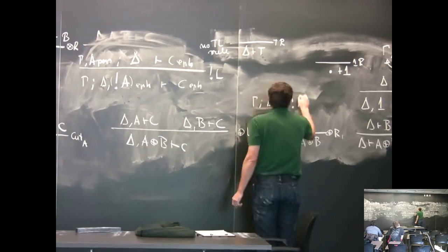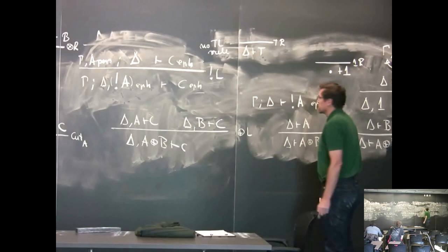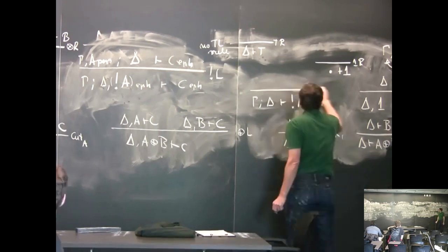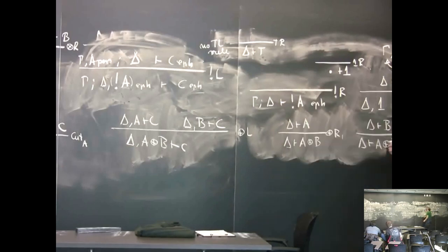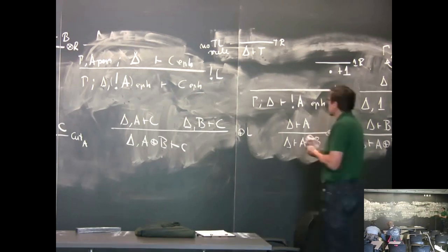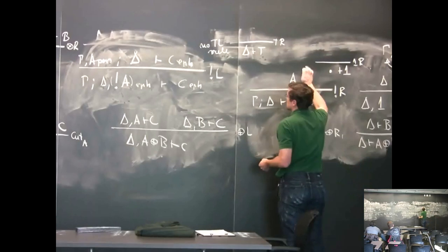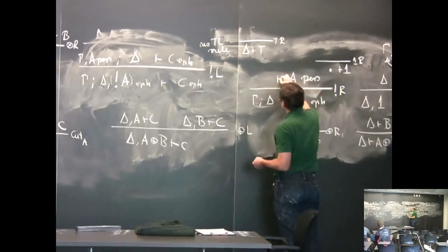Okay, and how do I define the right rule? When is bang A true in the ephemeral sense? So, bang right. We want to prove that A is true. Actually, we want to prove that A is persistent, right?